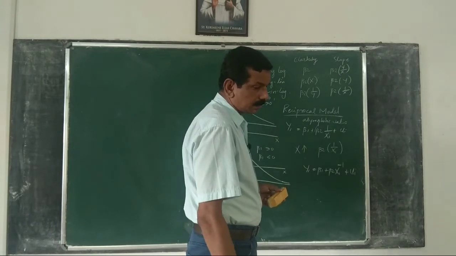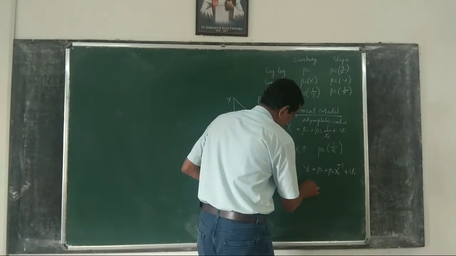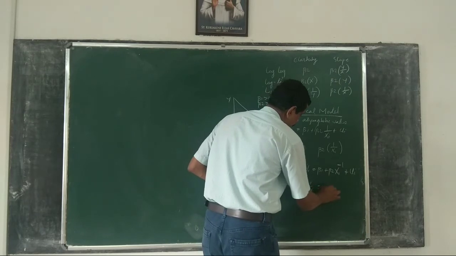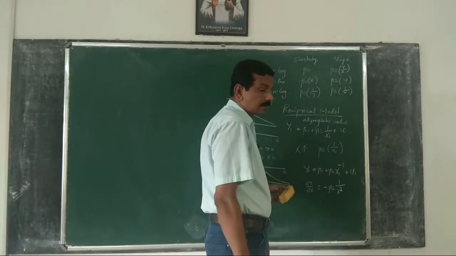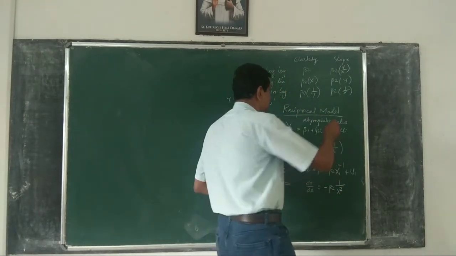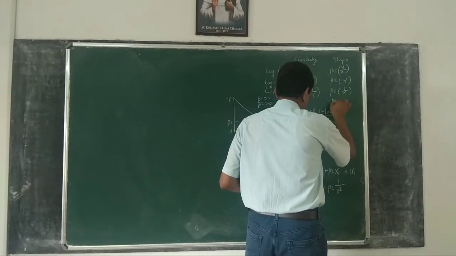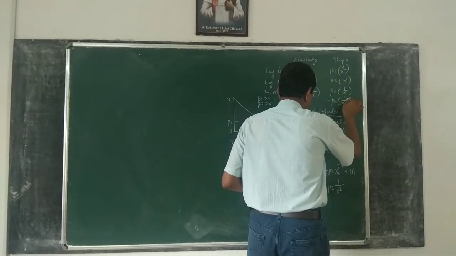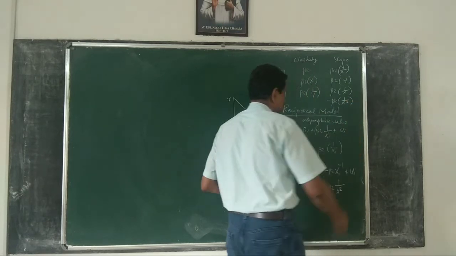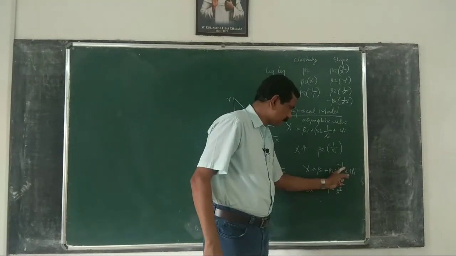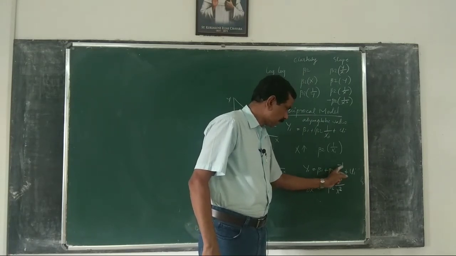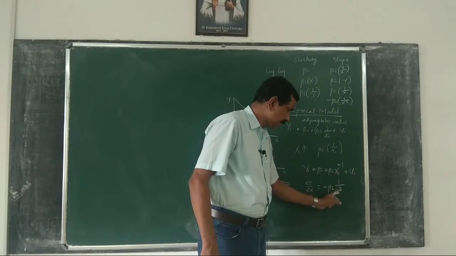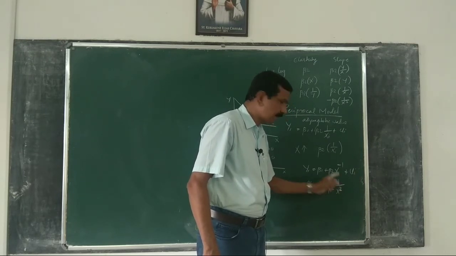Now what is the slope? The slope dy by dx is minus beta 2 into 1 by x square. Differentiating this, minus 1 beta 2 xi raised to minus 1 minus 2, that is minus beta 2 times 1 by x square.